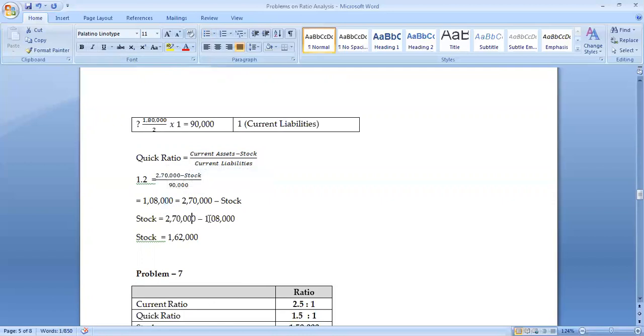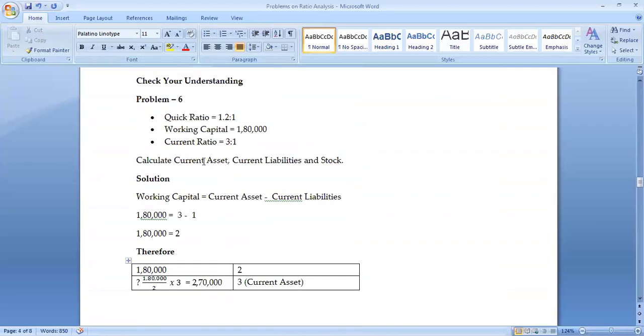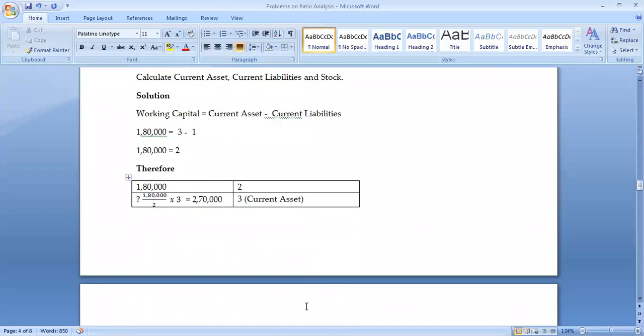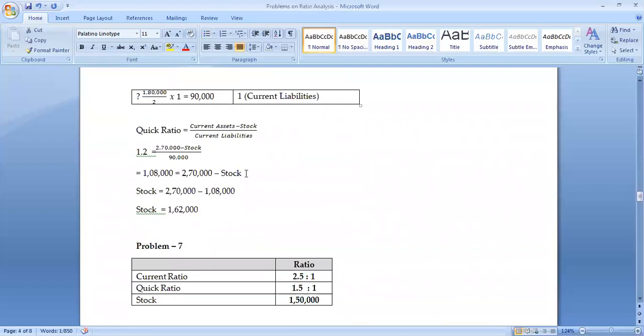So 2,70,000 minus 1,08,000, the stock will be 1,62,000. So they have asked you to calculate the current assets. You have computed the current assets, the current liability, and also the stock by applying the quick ratio formula. Whenever you are asked to find out the stock, the quick ratio will be given. By this itself, you can find out the stock.